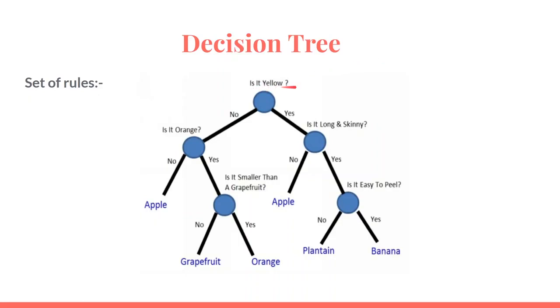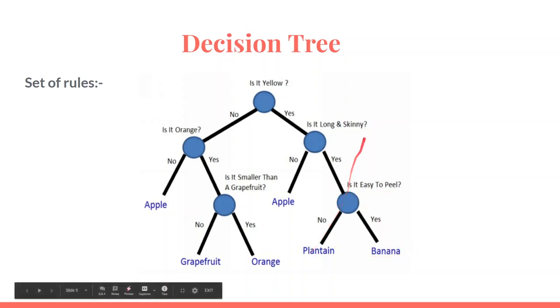So at the top level, we have used the color of the fruit, whether it is yellow or not. In case it is yellow, we are using the size of the fruit, whether it is long and skinny or not. If no, then it's an apple. We can conclude that. If yes, whether it's easy to peel or not. If yes, then it's a banana, and if no, it's a plantain.